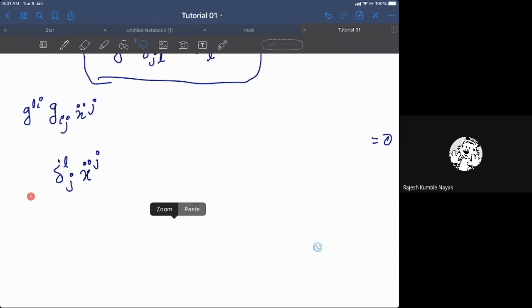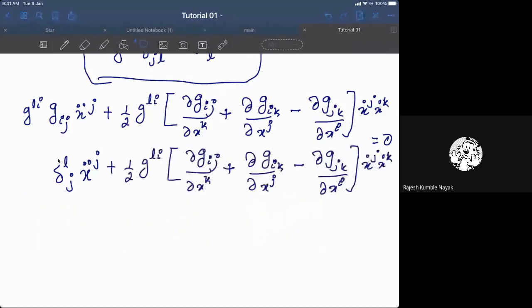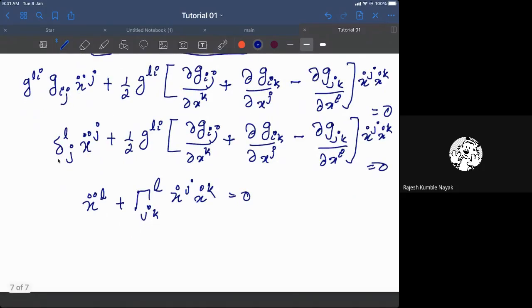So I have not done anything interesting, except that I can rewrite this as x double dot L equal to some gamma L j k x dot j x dot k equal to 0, where this whole animal gamma j k is given by this specific expression.